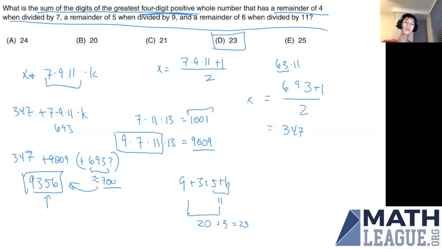So basically, what did we do? We basically did a bunch of division and remainder stuff, right? Where we found a number and we added multiples of the least common multiple of the divisors, of what we're dividing by. That's just the basic thing of what you're going to do. The way that we made this a lot simpler and easier to compute is that we use all our number tricks, right?